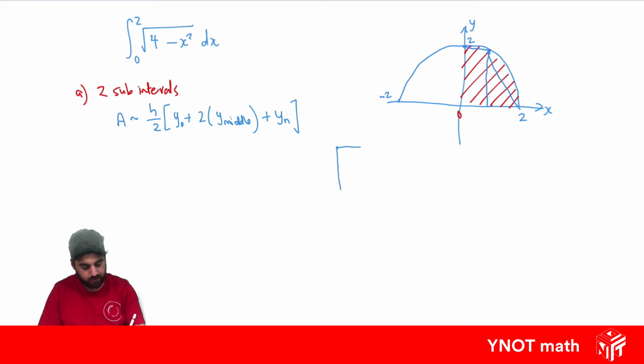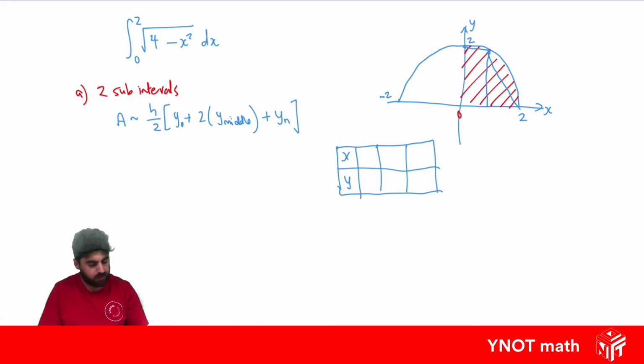So this is exactly what we're going to do. And because we're doing two trapeziums, that means we need 3 y values. So we're going to do 4 columns, one for x and one for y. So we're going between 0 and 2.